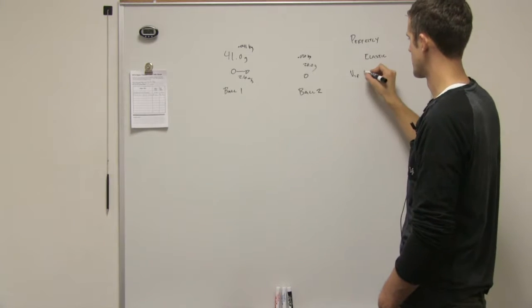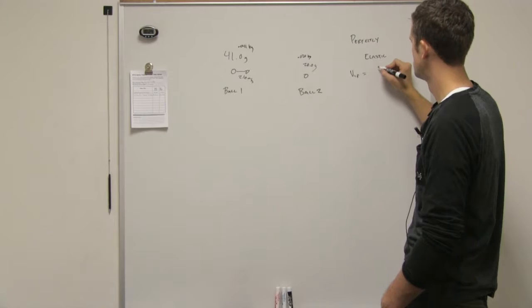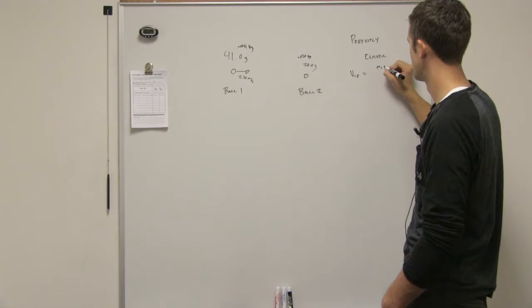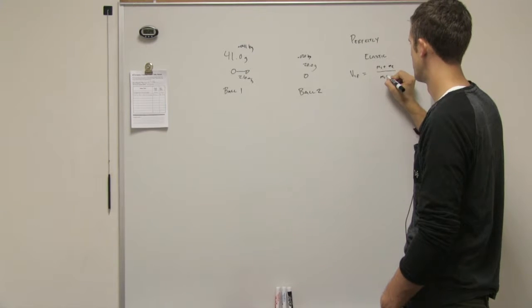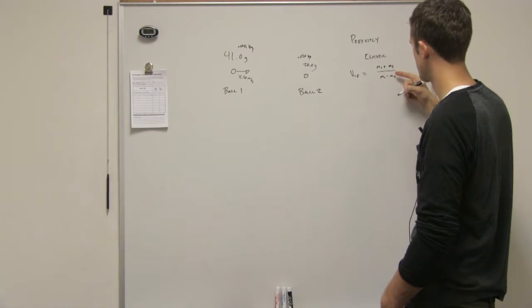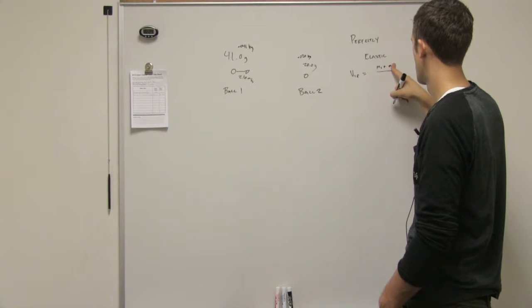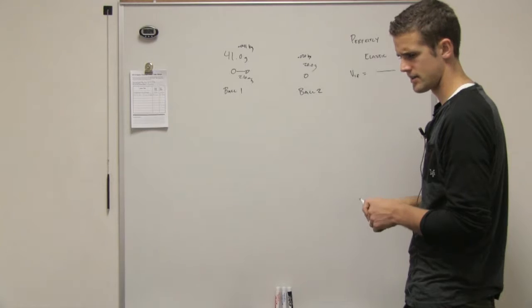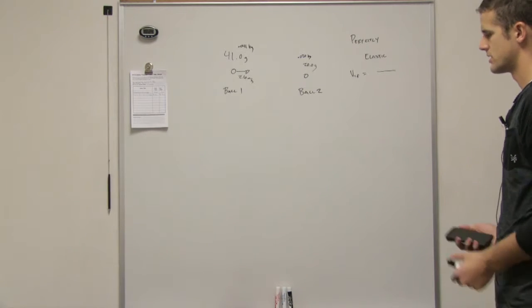And the equation is V1 final equals M1 plus M2 all over M1 minus M2. That might be wrong, might be the other way. I don't remember. But they're just two equations that the book gives you.